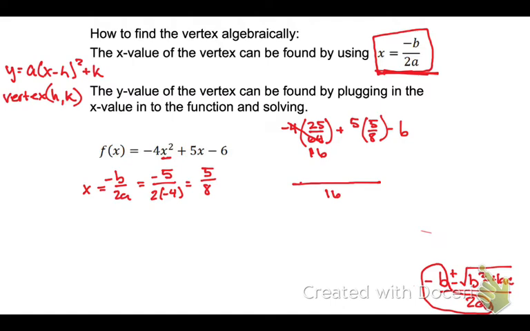No, it's going to be 50 over 16, isn't it? Because 5 times 5 is 25. Then times 2 to get 8 up to 16. Yeah. So I've got negative 25 plus 50 minus, well, 16 times 6 would be 96.